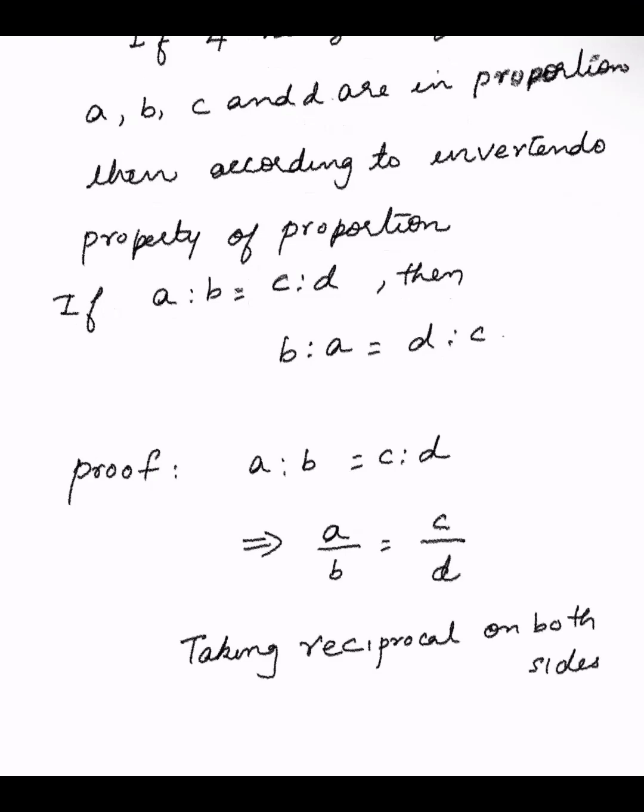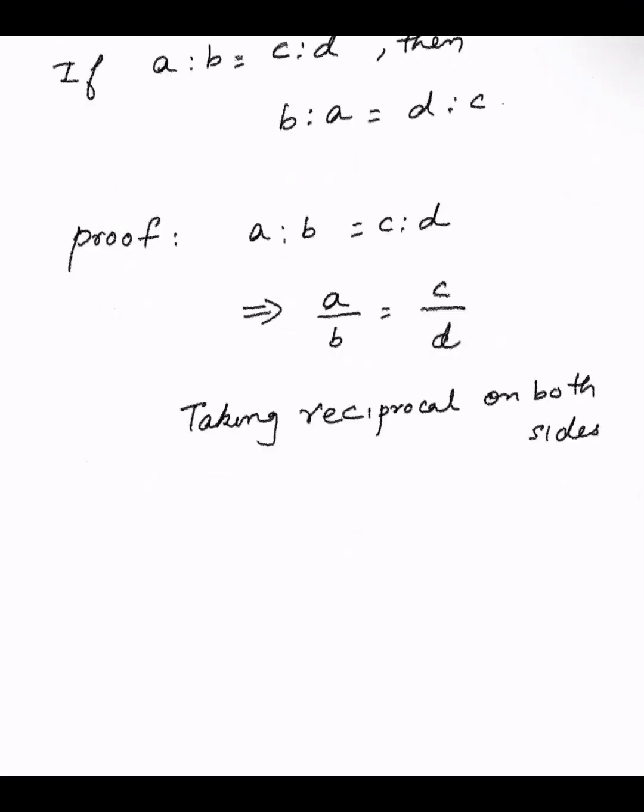Take the reciprocal on both sides. What do you get? B by A equal to D by C. Don't you think this is B is to A equal to D is to C?